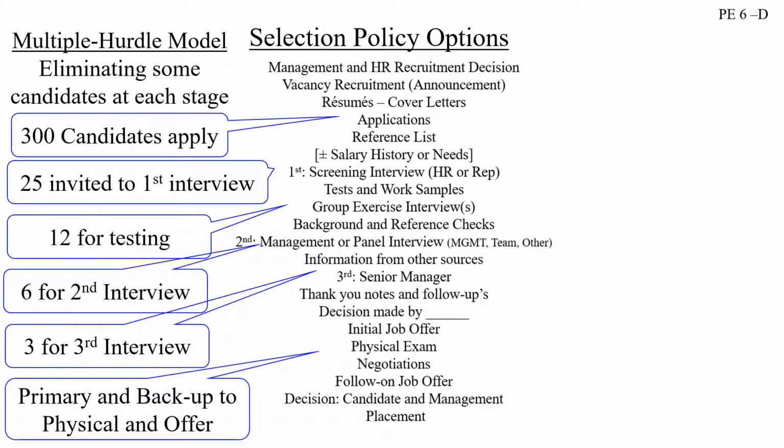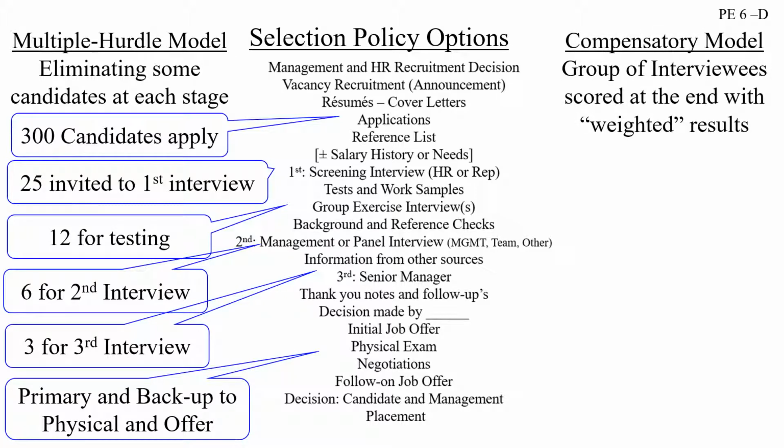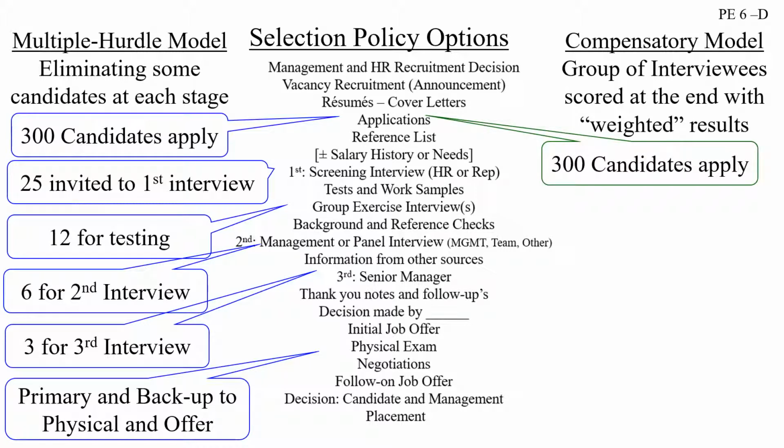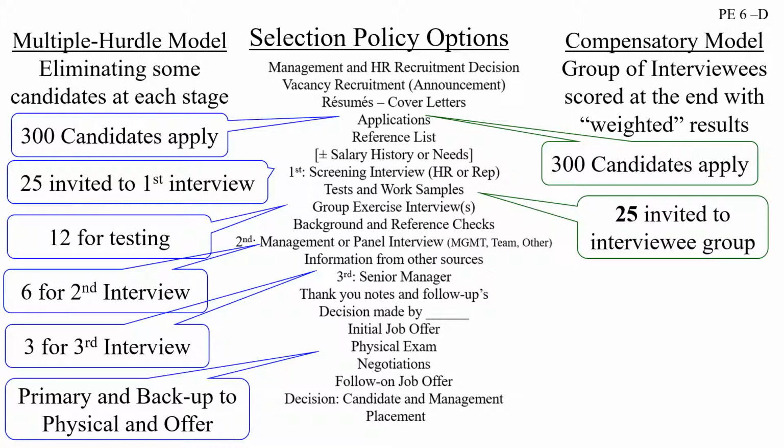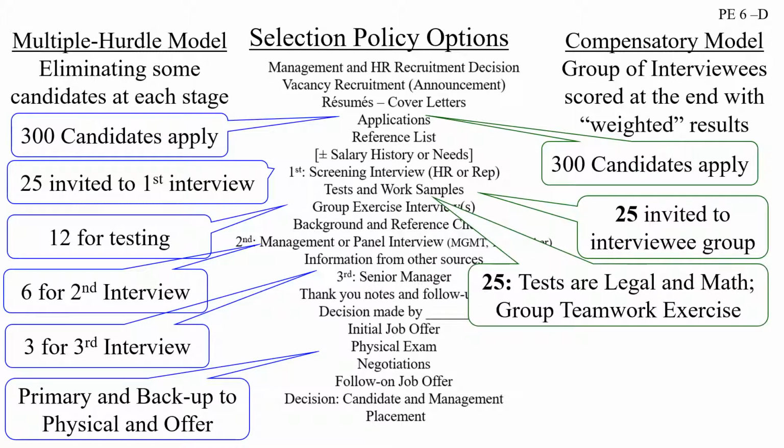That's the multiple hurdle model. On the right now, let's talk about the compensatory model, where you form up a group and you put the group through the hiring stages. So let's say the 300 candidates apply, and of those 300, you decide to put 25 through the entire interview stages as a group. So 25 go to the interviews, 25 go through the tests for, let's say, legal process or mathematics. They go through a group teamwork process.